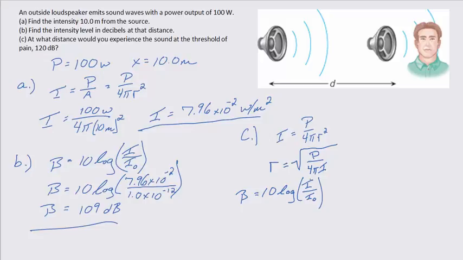And so since we're trying to solve for intensity, we'll have to rearrange the equation. So we know that our decibel level is given to us as 120 decibels equal to 10 multiplied by the log of our intensity, which is unknown, divided by our reference intensity, which has a value of 1.0 times 10 to the negative 12 watts per meter squared.